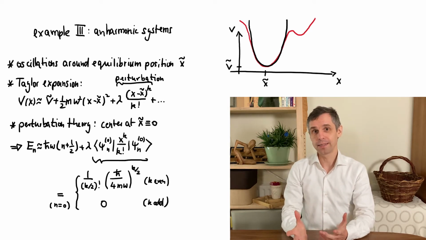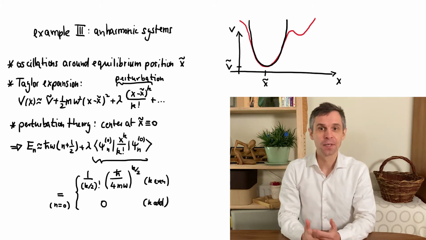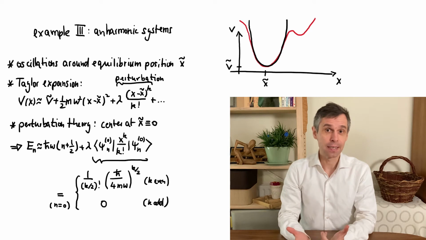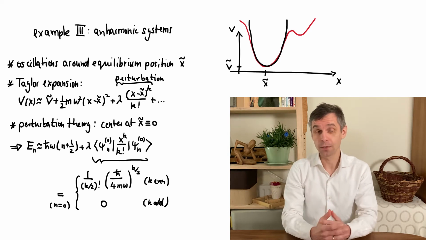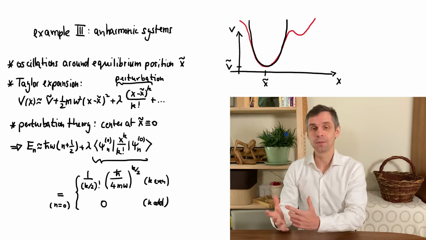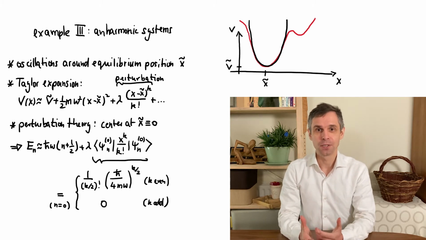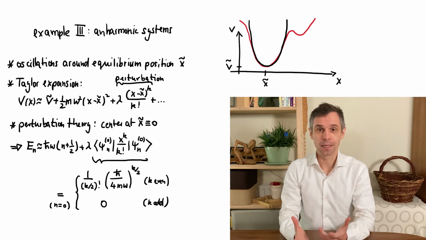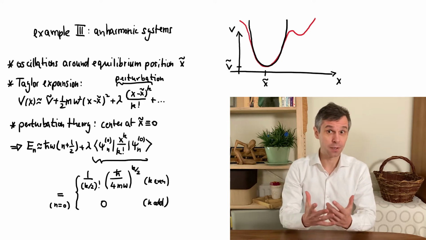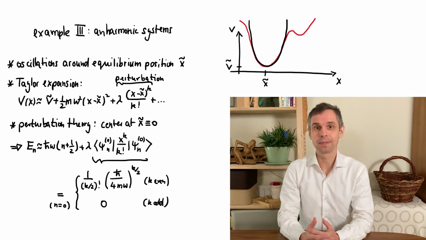But this is actually finite only if k is even. So if k is odd, you have to be careful. The correction is then either given by a higher order of perturbation theory or a higher even term in the Taylor expansion of the potential. And generically, the first term in this expansion here would be k equal to 3, unless the potential is reflection symmetric, so that all terms here must be even.